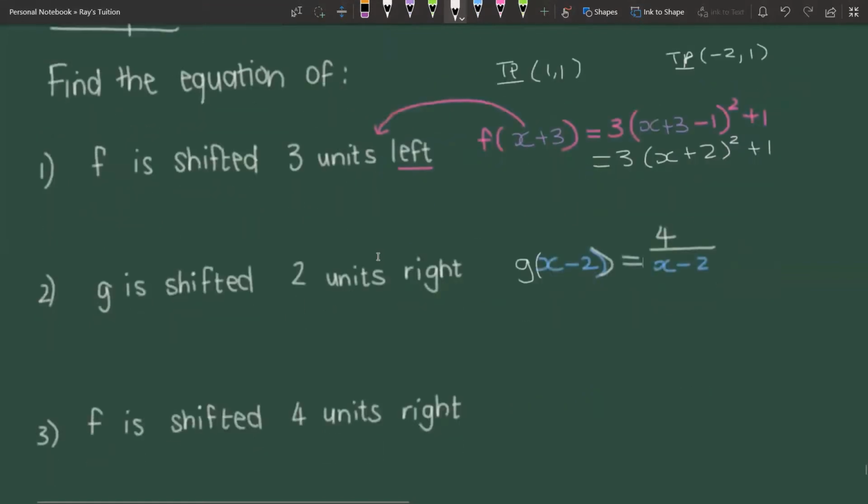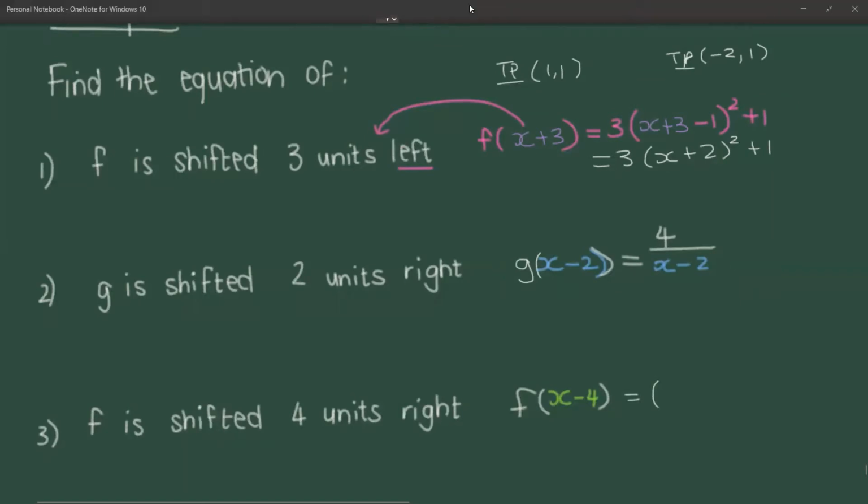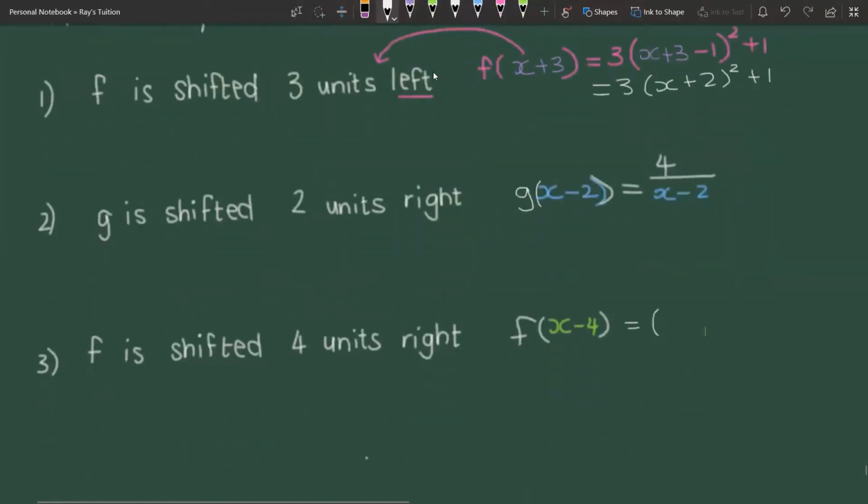Let's do the next one. We want to shift f 4 units to the right. So we're looking for f of (x minus 4). And that is equal to, in the place of x, we write x minus 4.